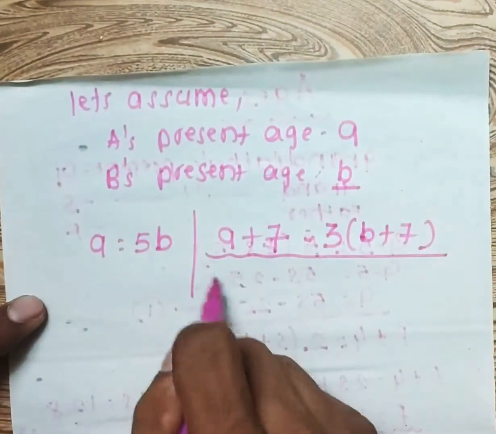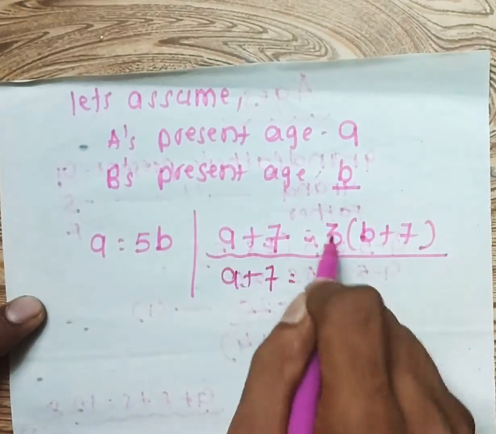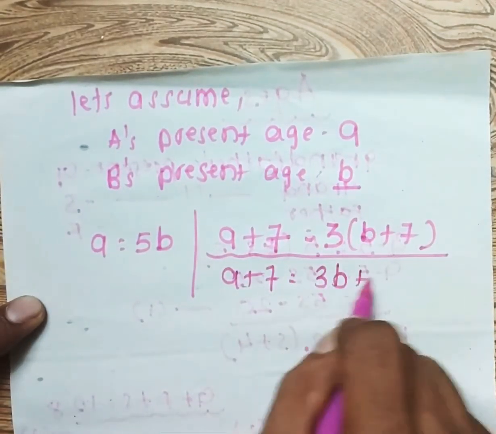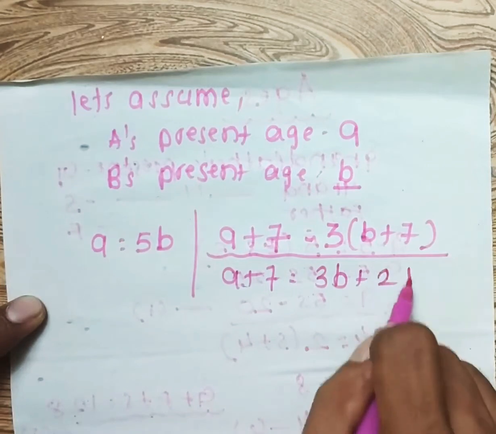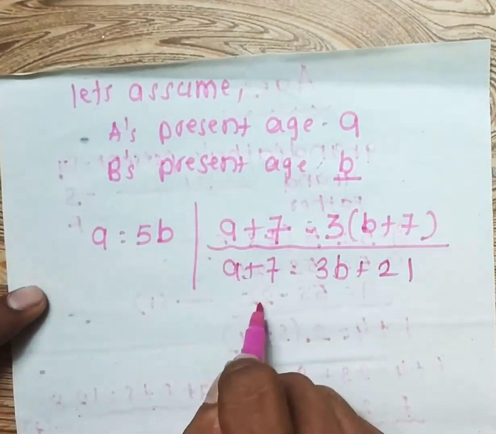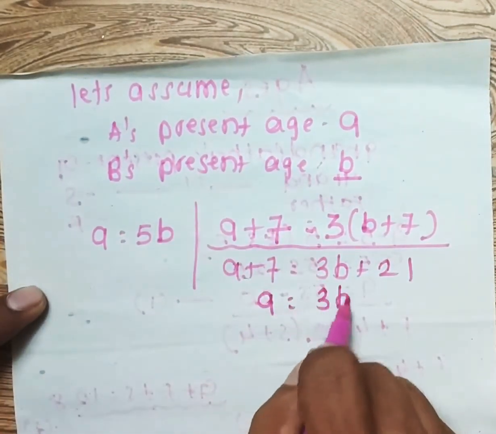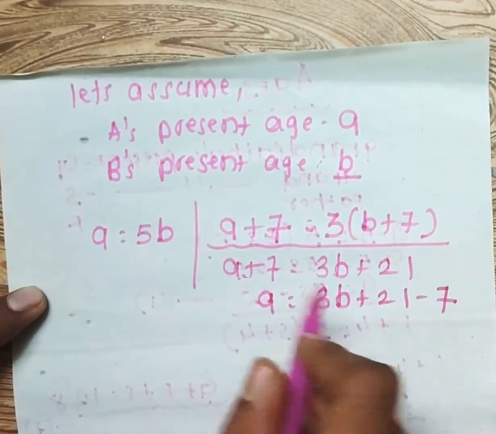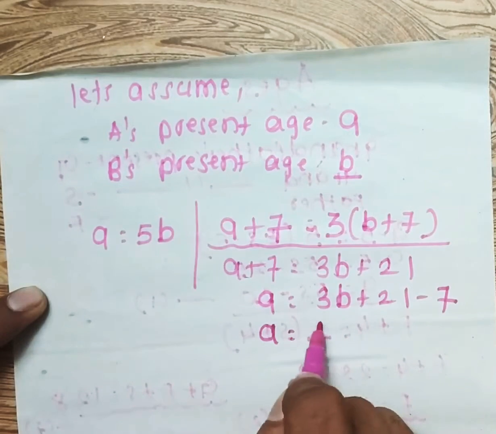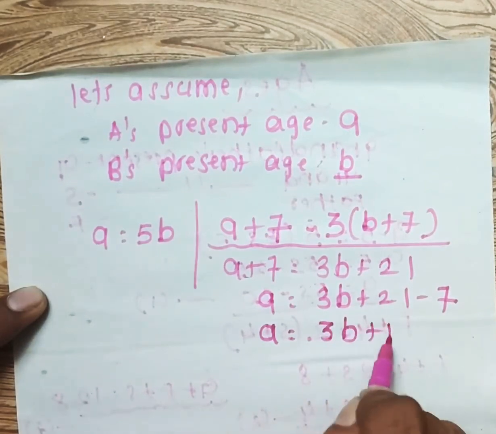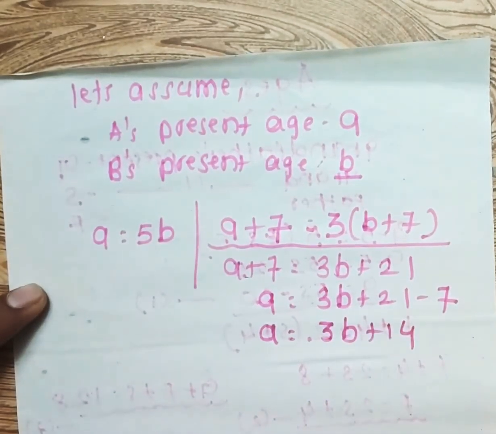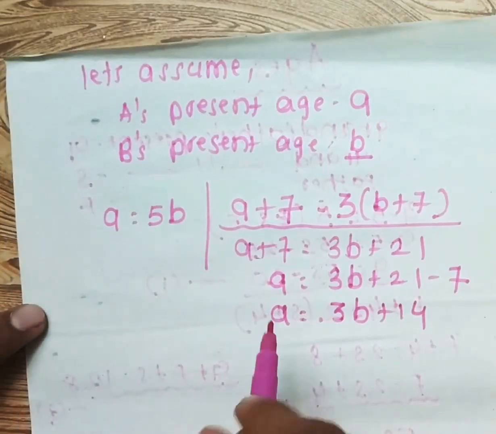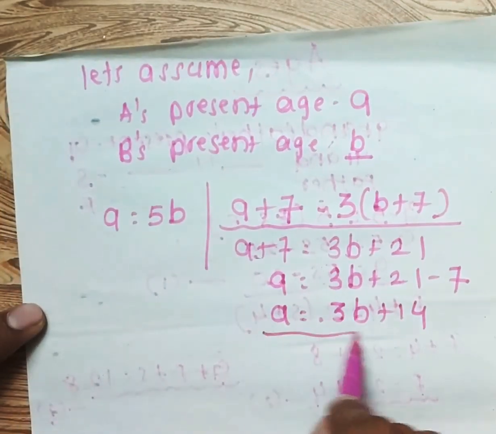So A plus 7 is equal to 3B plus 3 7s are 21. So A is equal to 3B plus 21, and the 7 comes here as minus 7. 21 minus 7 is 14. So I got A is equal to 3B plus 14.